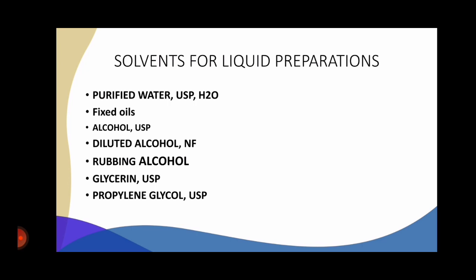So when evaporated to dryness, it must not yield more than 0.001% of residue, 1 milligram of solids per 100 mL of water. So, ordinary drinking water from the tap is not acceptable for the manufacture of most aqueous pharmaceutical preparations or for the extemporaneous compounding of prescriptions.